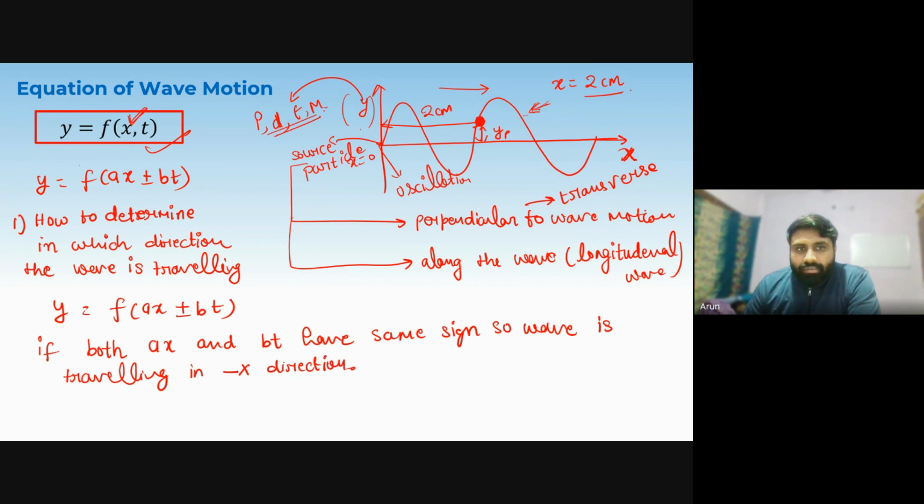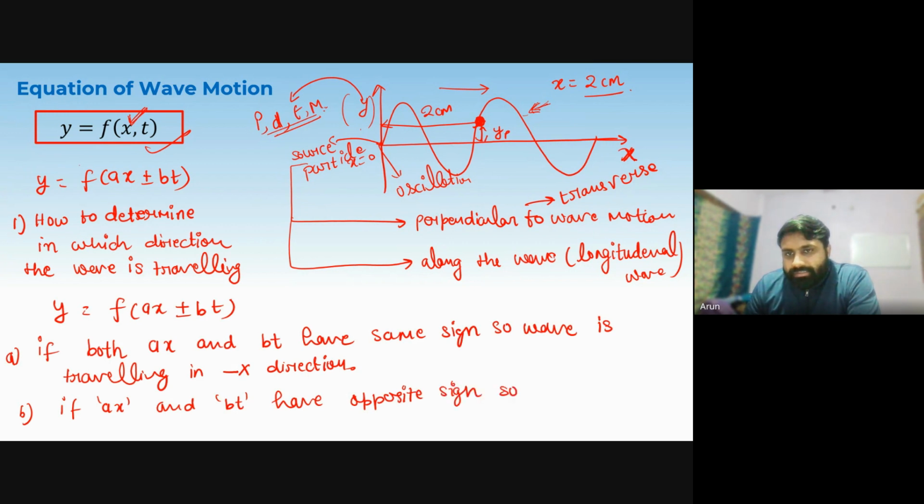Okay, but this is the first case, case A. Case B is if ax and bt have opposite signs, so the wave is traveling in the positive x direction.